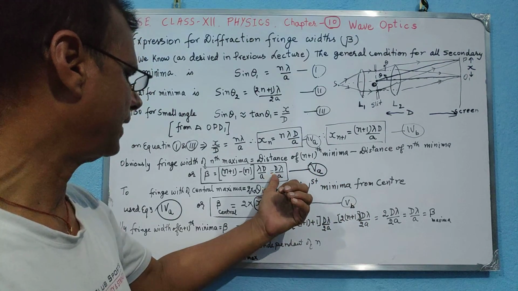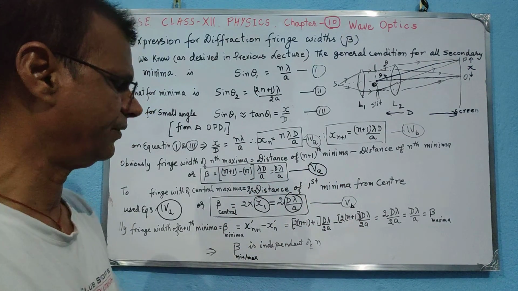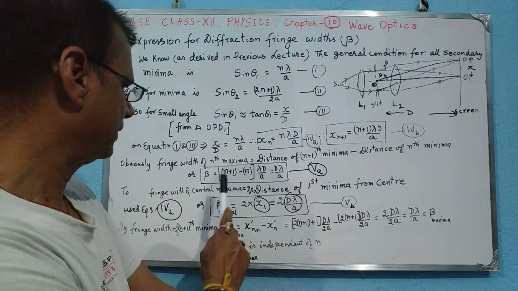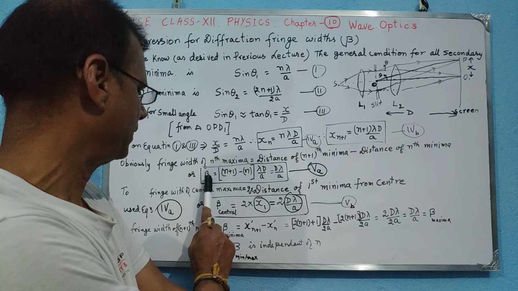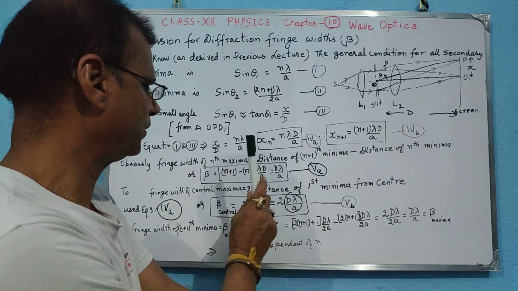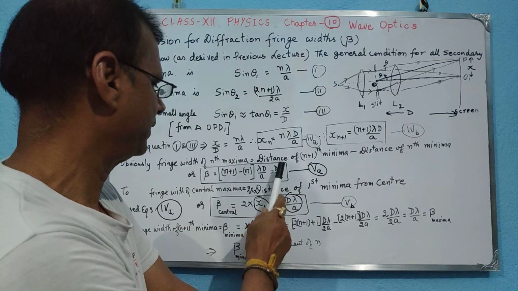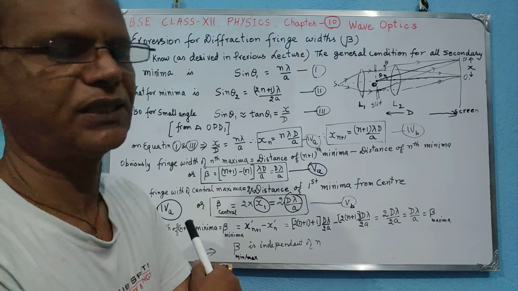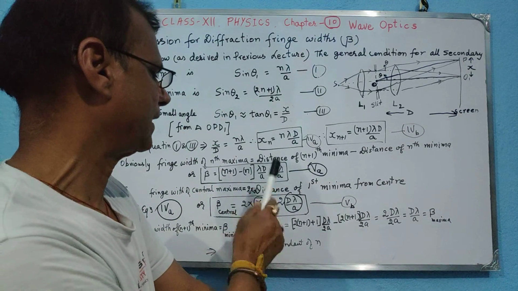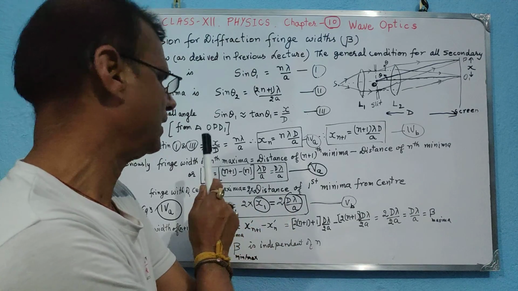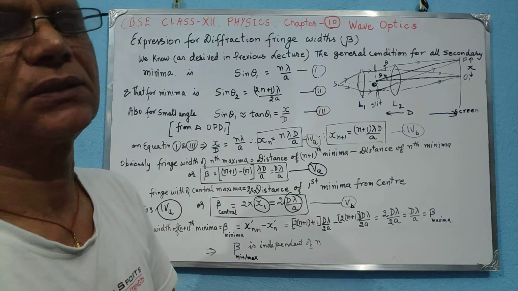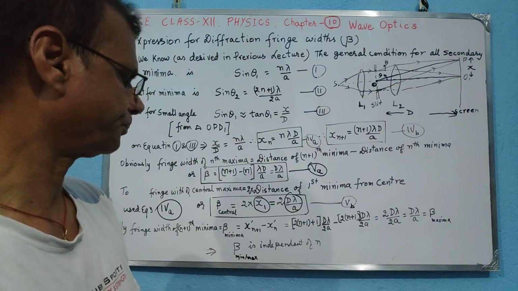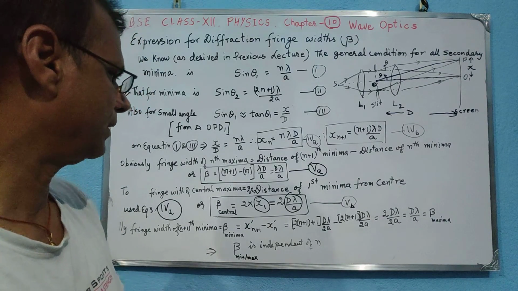Since the thickness is directly proportional to wavelength, the greater the wavelength, the greater the thickness of the fringe. That means for red light we have the broadest fringe width of maxima or minima, secondary maxima or minima.